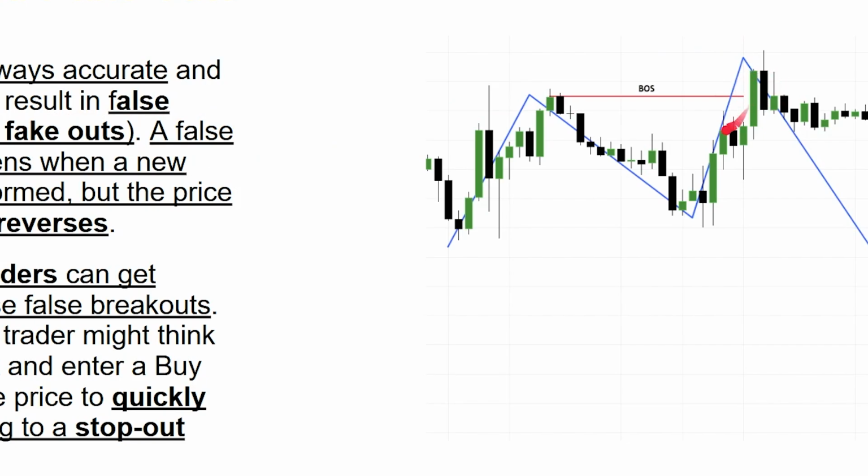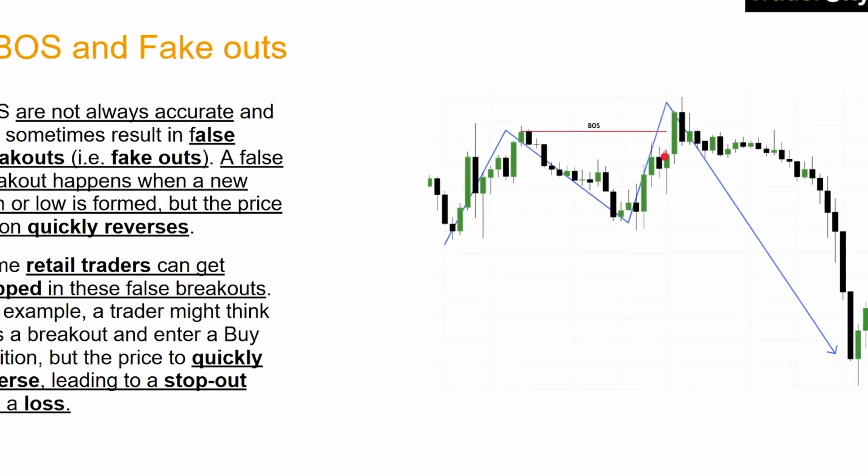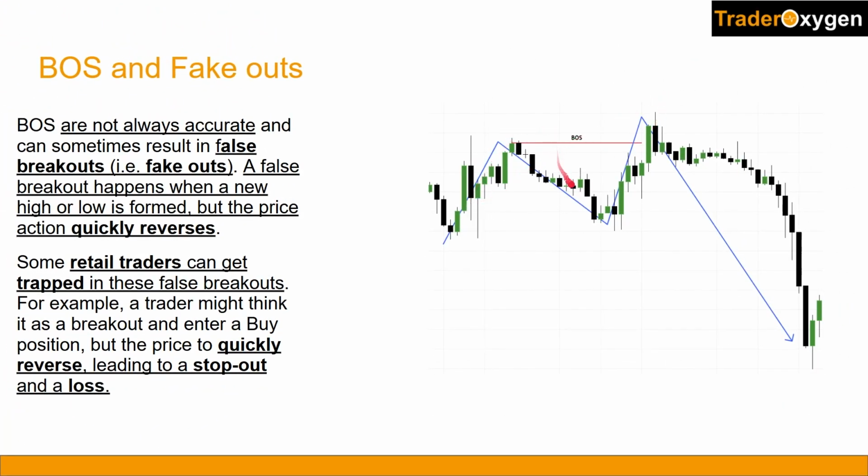What that means is, when the breakout happens, we expect the uptrend to go up. Instead of that, you can see the price has quickly reversed and gone down. Instead of making a higher high and going up, it has quickly changed down. So that is a false breakout, a fakeout.